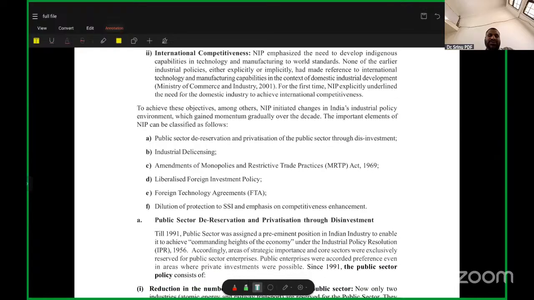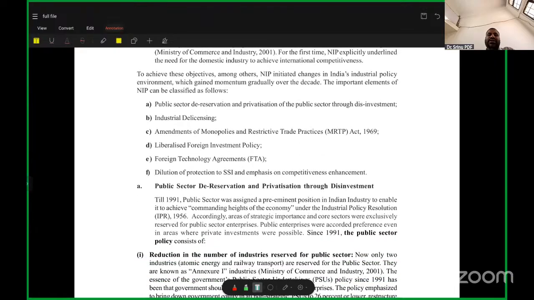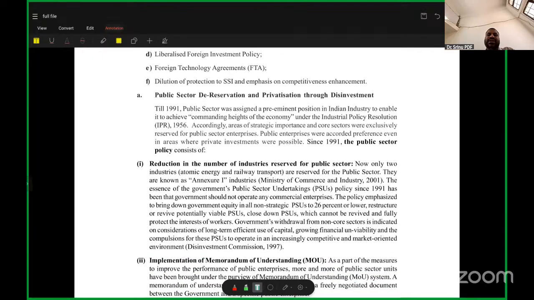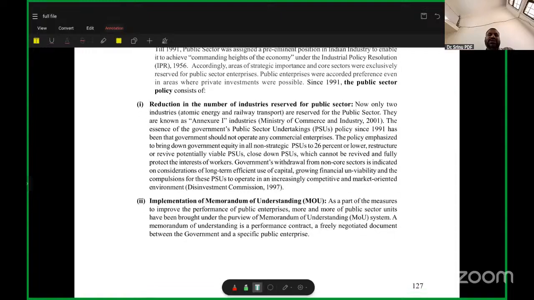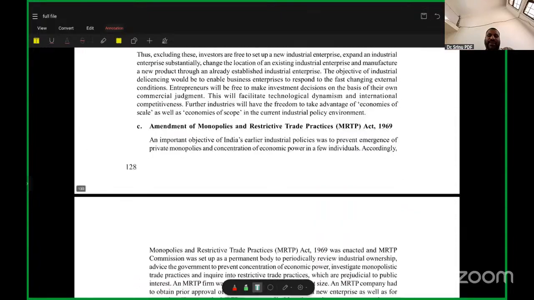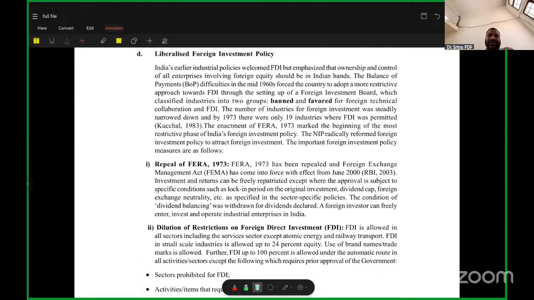Other elements are also classified: public sector reservation, delicensing, liberalization, foreign investment, foreign technology agreements, dilution of production, and SSI. All these are there. Go through the other industrial objectives once.